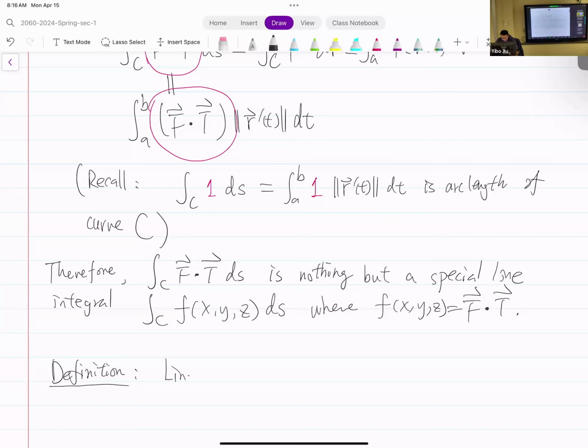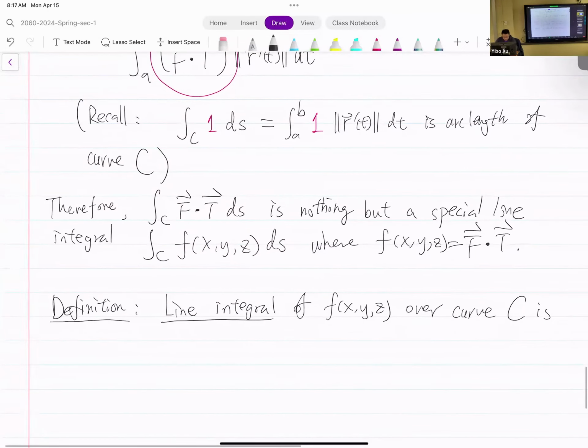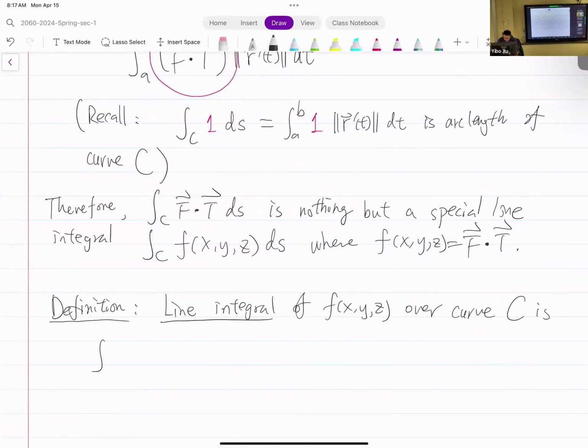So in general, the line integral of little f of x, y, z over a curve C is basically the integral along the curve C of little f accumulated with respect to the arc length, right?